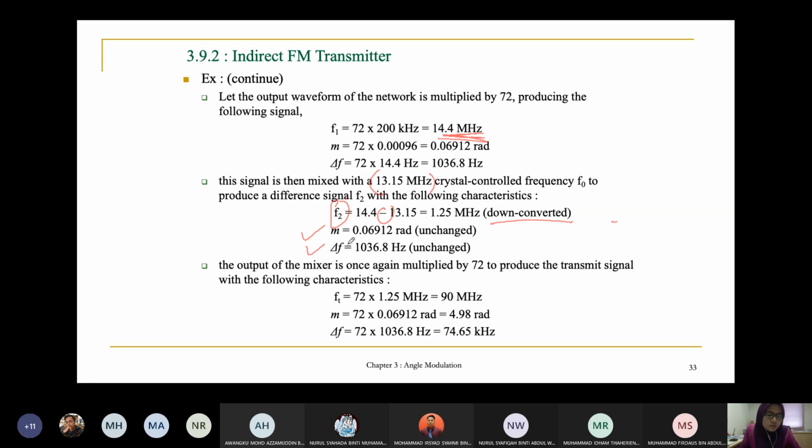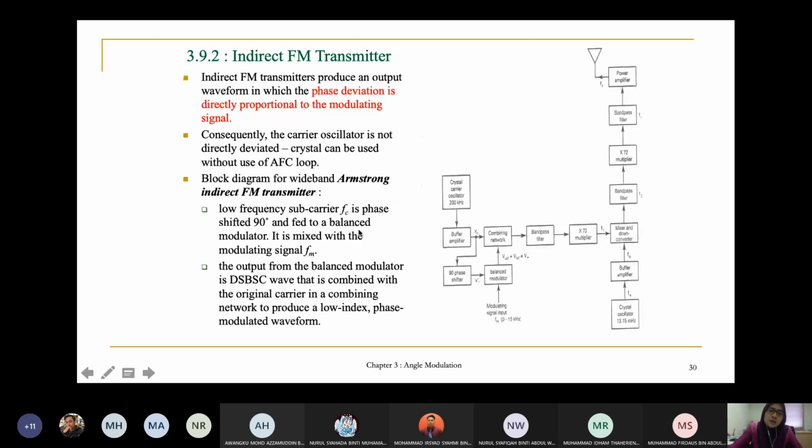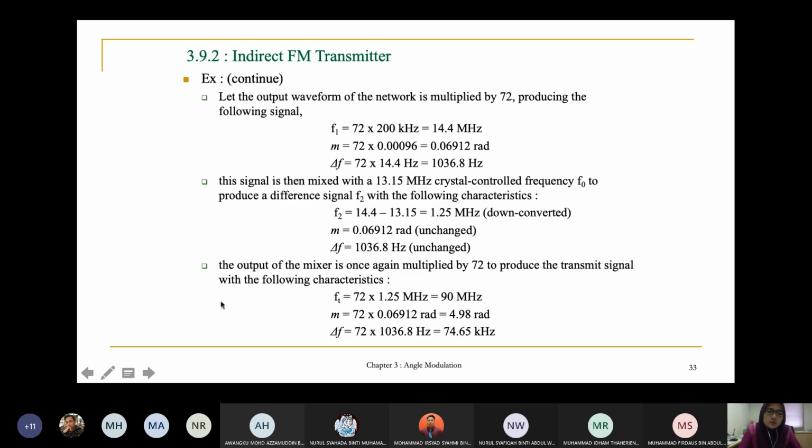After the mixer and down converter section, we have another multiplier, the second multiplier over here. The signal from the mixer and down converter will go to the second multiplier, where you need to multiply by 72.